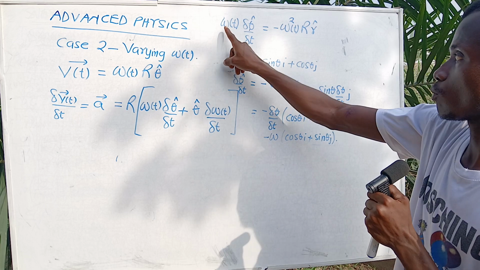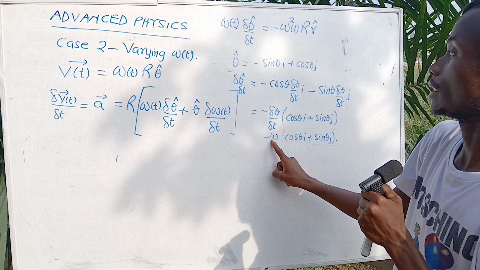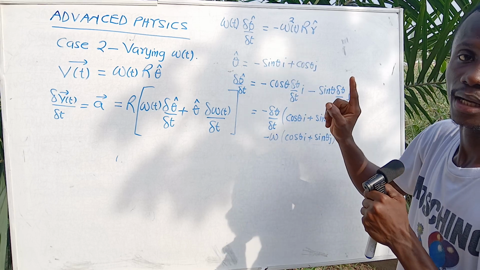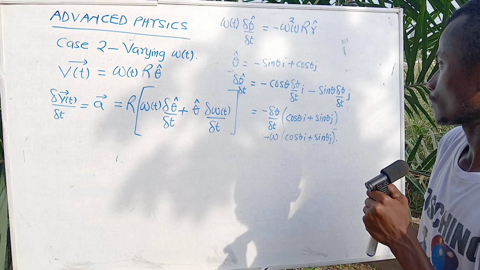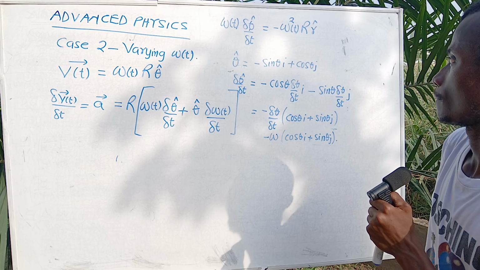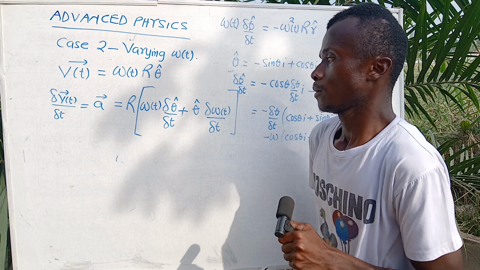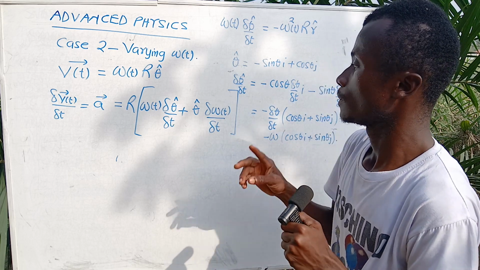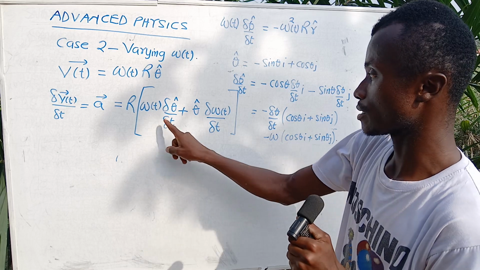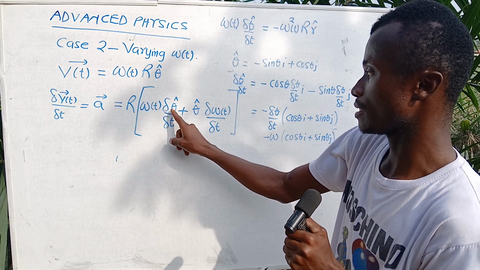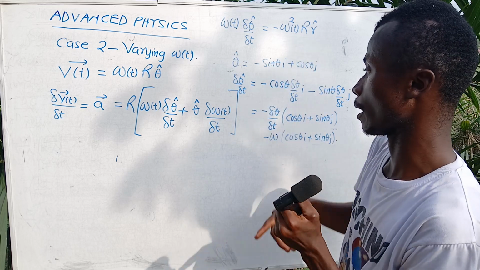And given that there is one omega here already, that omega will multiply this omega, and you get omega squared, then times the radius of the circle. That radius is because of this r outside. So the bottom line is omega of t times d theta roof dt will give you negative omega squared r in the direction r roof.